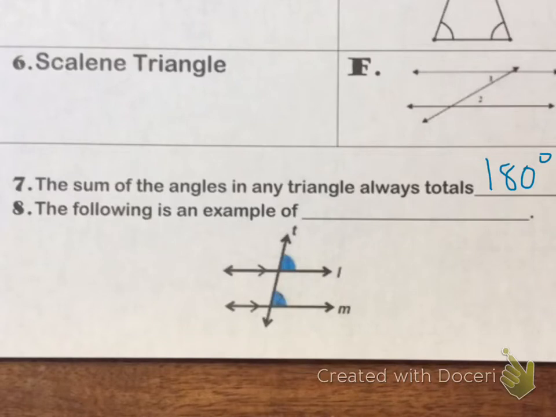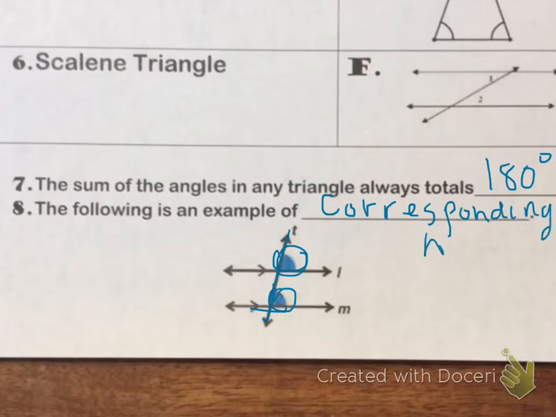Corresponding means they're in the same position on the cross. Do we see how this one is in the upper right-hand position of the cross that's formed? And then this one again is in the upper right-hand position of the cross. Because those are in the same position on the cross, these are called corresponding angles.